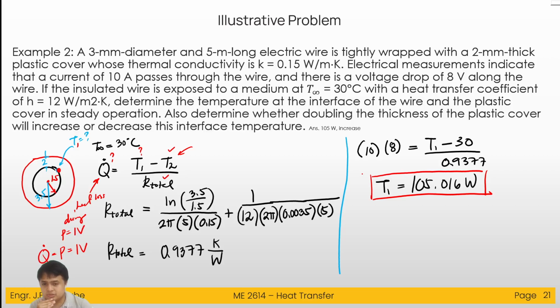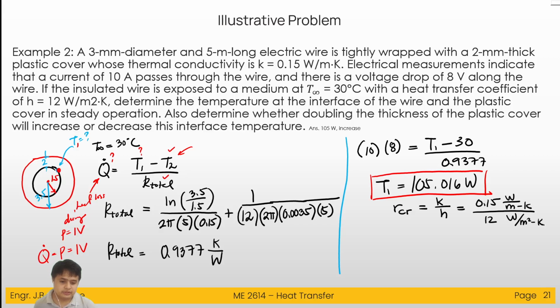But if it is above the critical radius, then it will decrease. So we want to determine the critical radius of insulation. This is just K over h for cylinders. So this is 0.15 watt per meter Kelvin over 12 watts per square meter Kelvin.